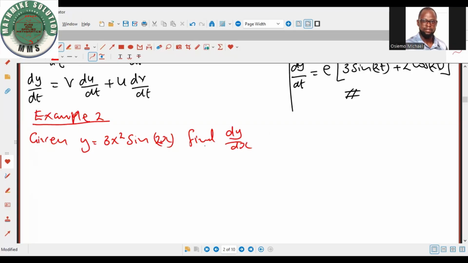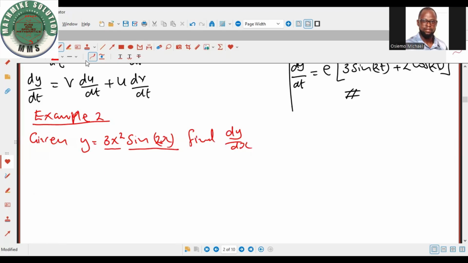So you realize that you'll not be told the method that you're going to use to find the derivative. So you are expected, when you see the product of two functions, like in this case, you have 3x squared, which is a polynomial, and a trigonometric function, which is sine 2x, then in such a product, we have to apply the product rule.